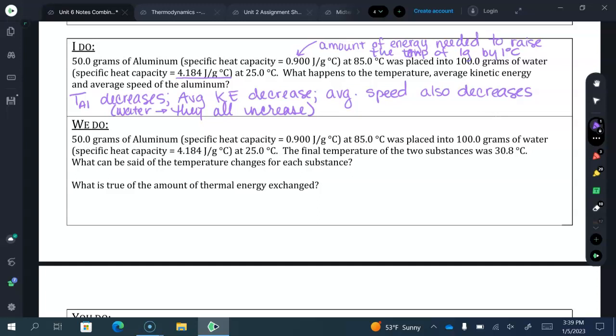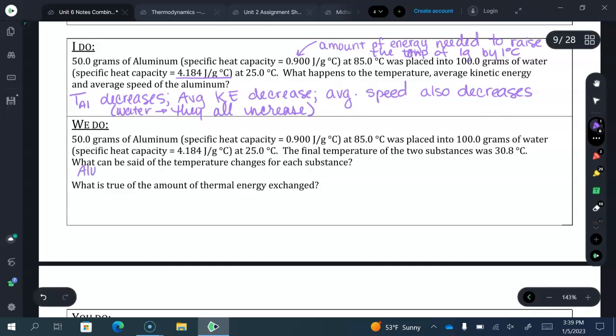So now looking at our We Do, we have 50 grams of aluminum at 85 degrees Celsius placed into 100 grams of water at 25. The final temperature of the two substances is 30 degrees Celsius. So that's the temperature for thermal equilibrium. What can be said about the temperature changes for each substance?